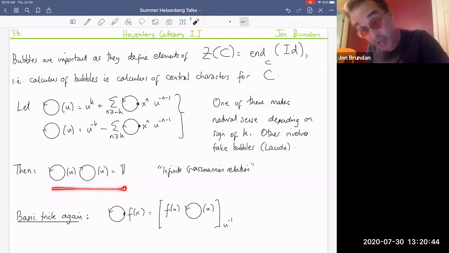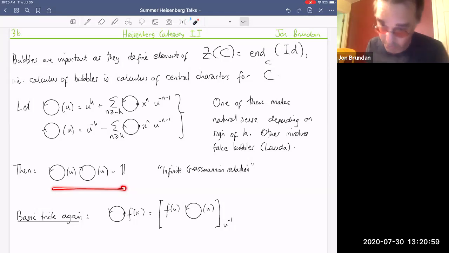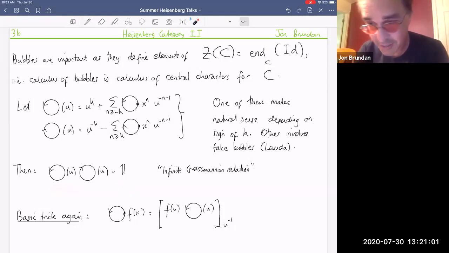And so using that, you can work out what the finitely many fake bubbles have to be in terms of other bubbles. And then the theorem says that once you make the unique choice you have to, then this infinite Grassmannian relation holds. So probably most of you are totally familiar with this trick if you've seen this diagrammatic calculus, so this is not a big deal.